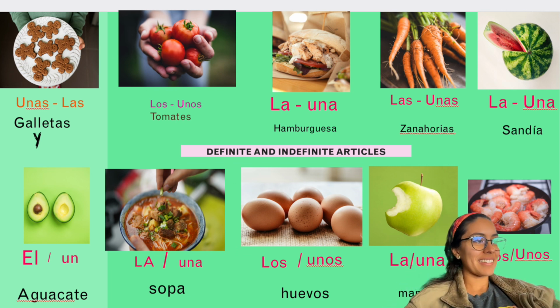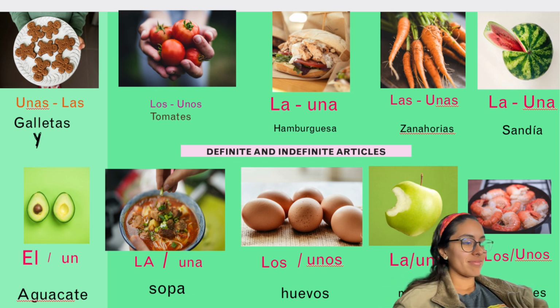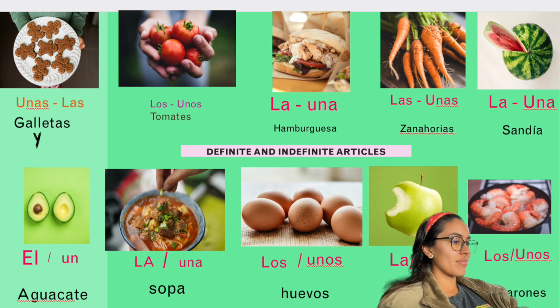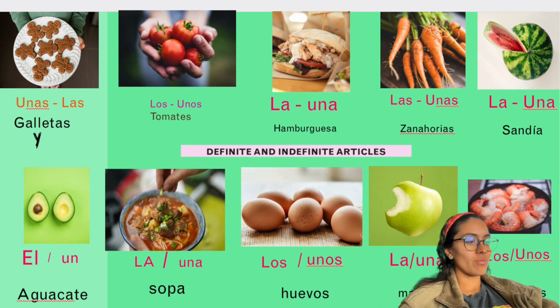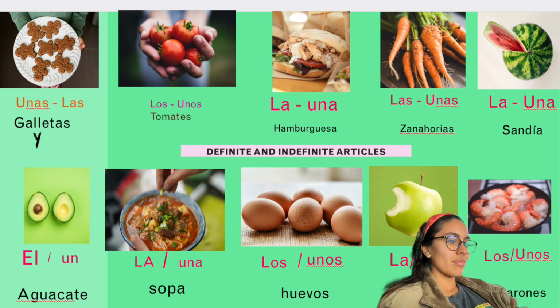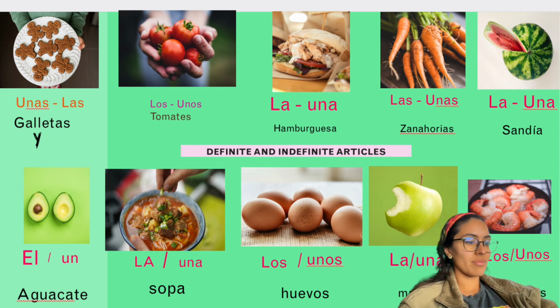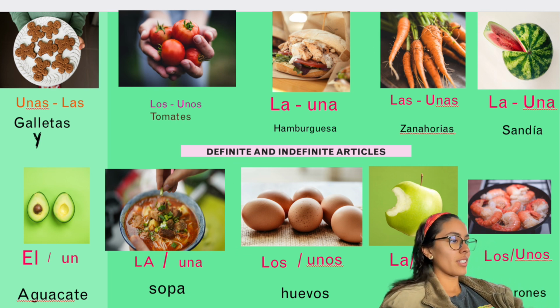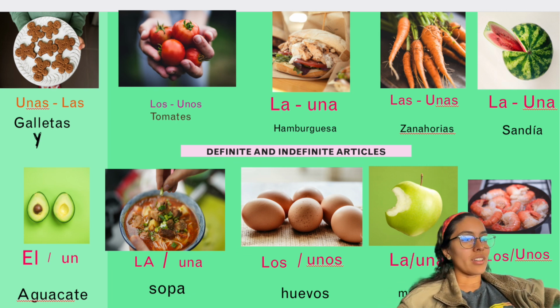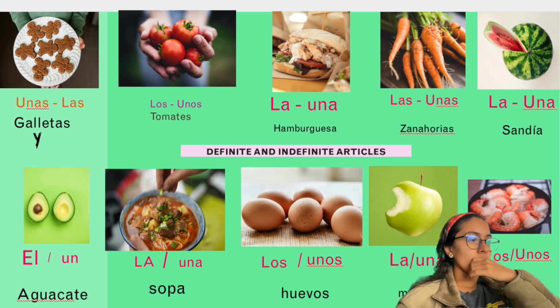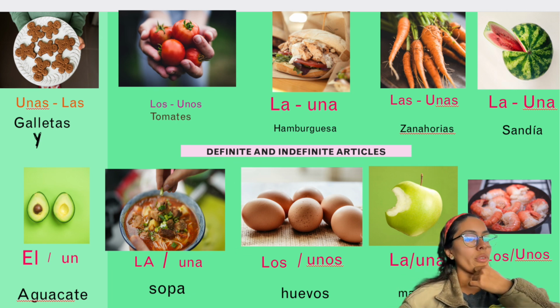El aguacate, un aguacate. La sopa, una sopa. Los huevos, unos huevos. La manzana, una manzana. Los camarones, unos camarones. Very good. Gracias. Okay guys, thank you very much.